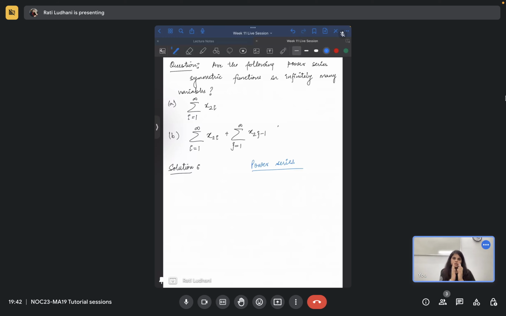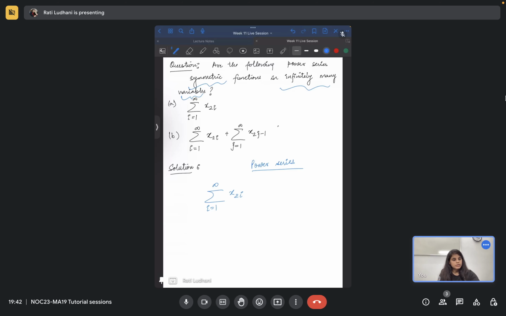It could be an infinite sum, it doesn't matter. But when we talk about infinitely many variables, there are some restrictions, and there's a symmetric thing we need to check also. Here you have the sum over i equal to 1 to infinity of x_i to the y.